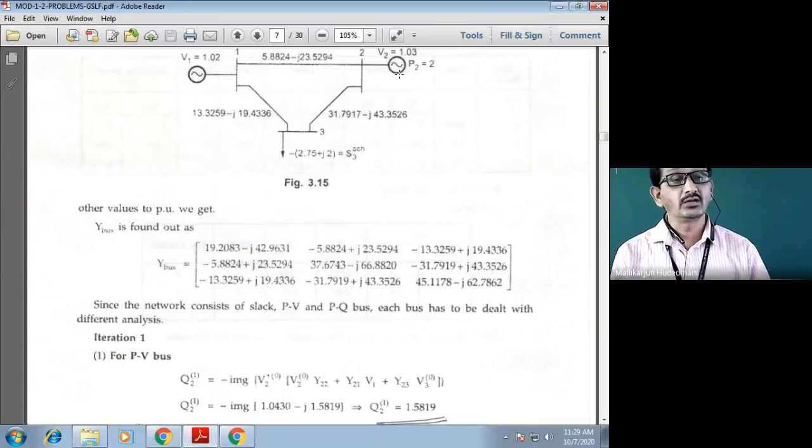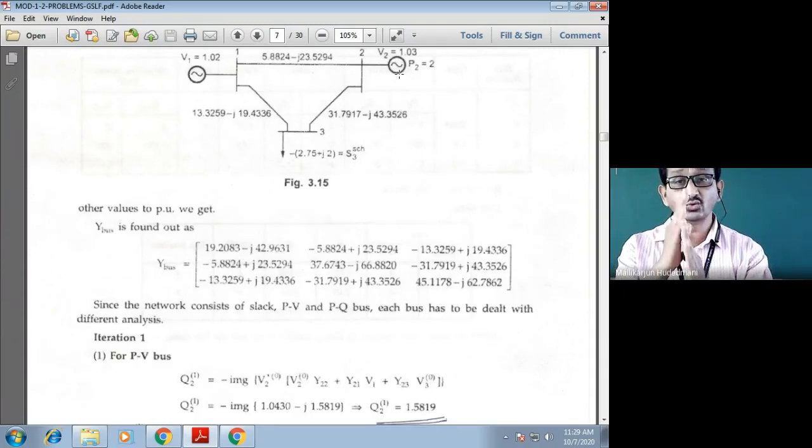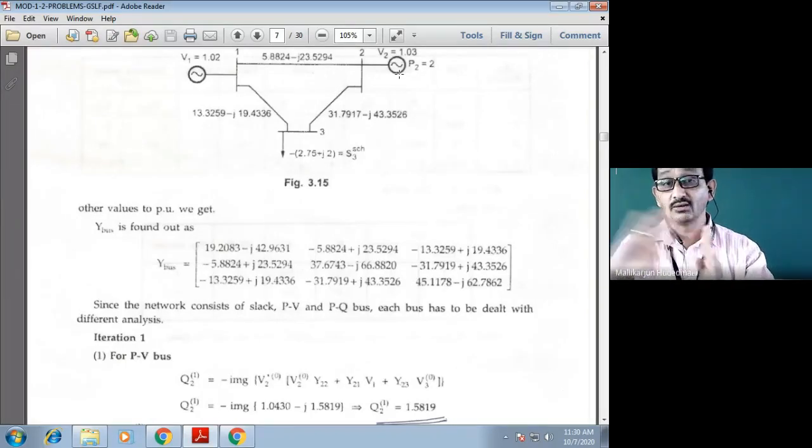I will be able to get both the currents rushing out from bus number 2. No matter whether it is towards the bus or away from the bus, I am not worried. I am worried about current leaving bus 2, V2 minus V1. That's enough for me. If a plus value comes out, it's going out. If it comes minus, it is towards bus 2. So I will not worry about that. I will not check also. It is automatically taken care of in the calculation.